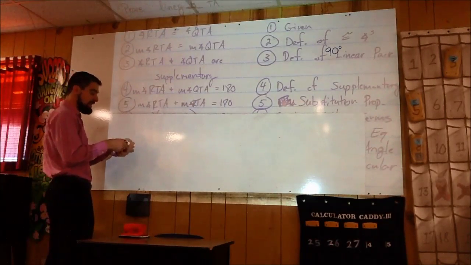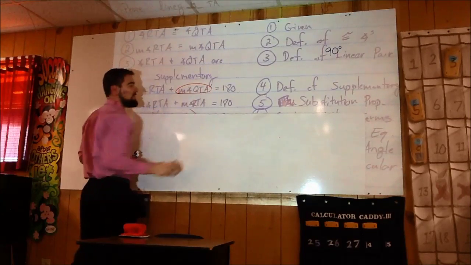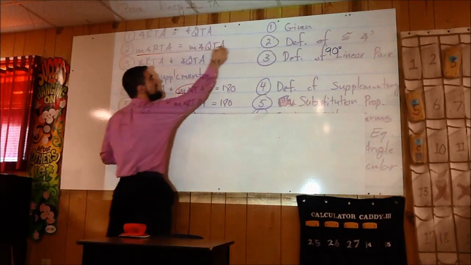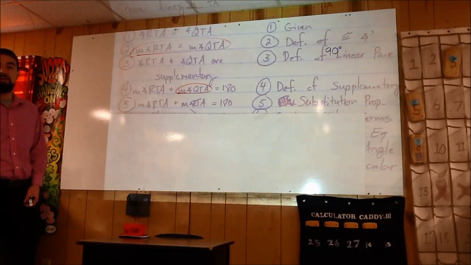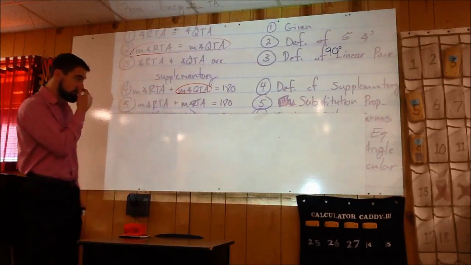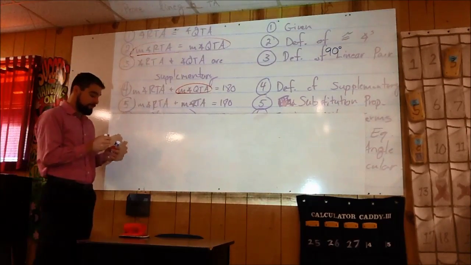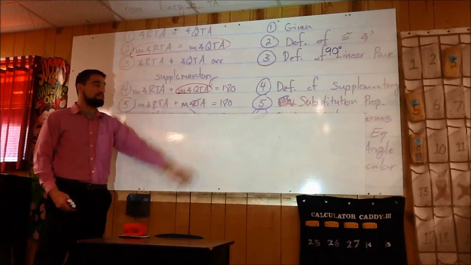All I've done is replace the measure of angle QTA with what it is equal to. And so that is justified by substitution. If you're just plugging values in, you are substituting. So this reads, the measure of angle RTA plus the measure of angle RTA equals 180. Now what?